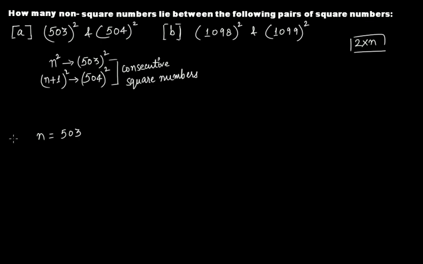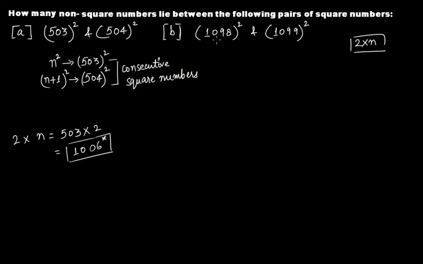The formula is 2 times n, n is 503. 2 times 3 is 6, 0, and you get 1006. This is the count of all the non-square numbers that come between this pair of consecutive square numbers.